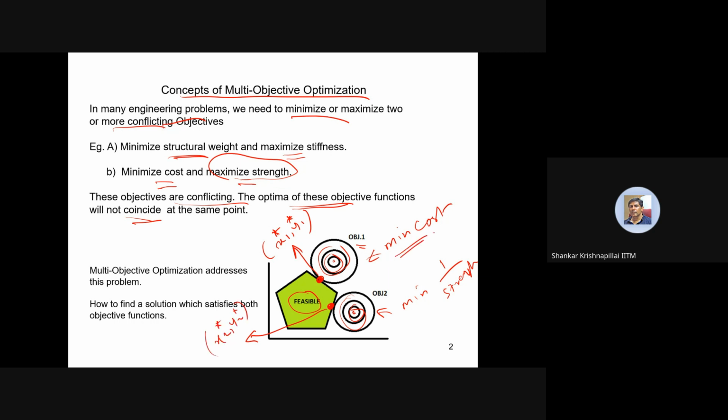If you want to minimize cost alone, then this is the solution. If you want to maximize strength alone, then this is the solution. If you want to minimize both these objective functions, what is the solution? Does it occur here or here or here? That is what we are going to look at.